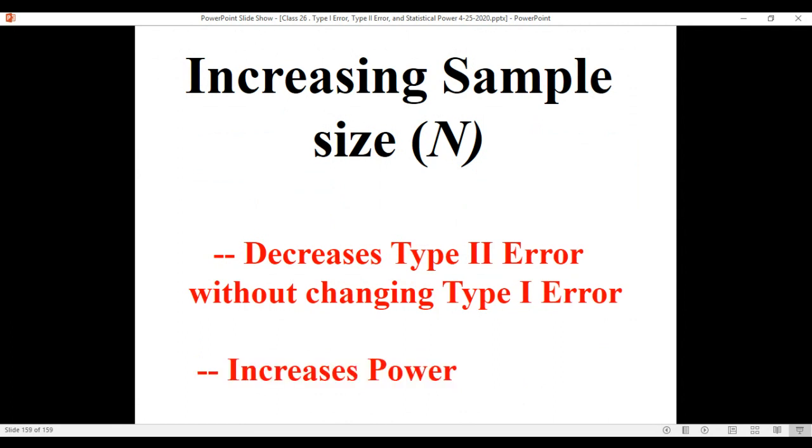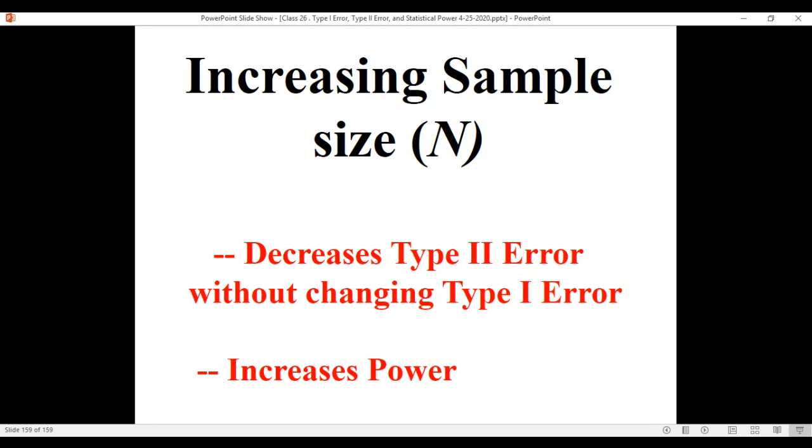And decreasing beta increases power. So increasing sample size keeps the probability of type 1 error constant while decreasing the probability of type 2 error and increasing power. And that's a great situation to be in. The bottom line is that there are big advantages to using large samples. You can keep type 1 error small while also making type 2 error small.